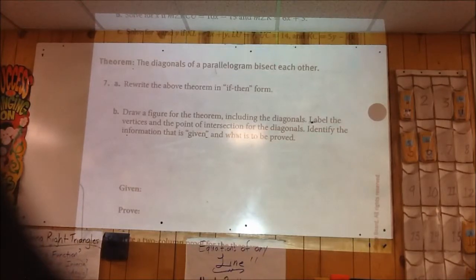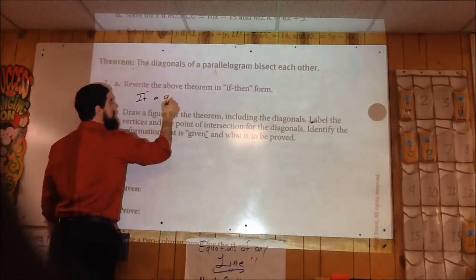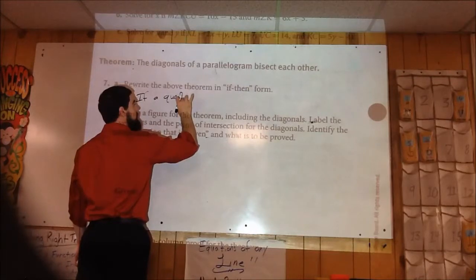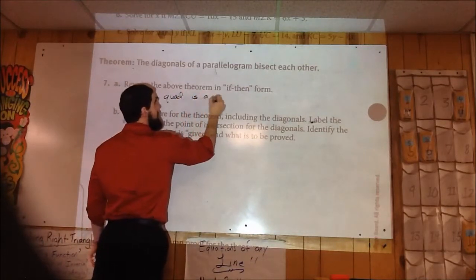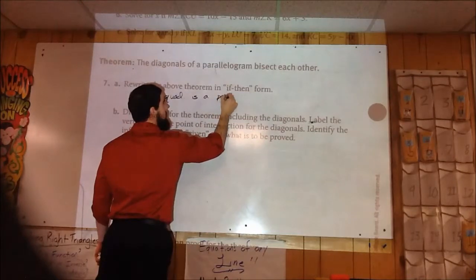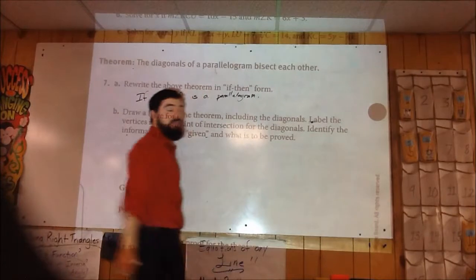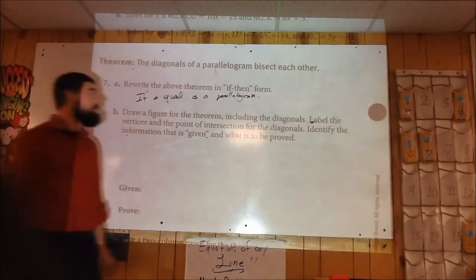I hope that we're comfortable with this, but I would write it as this: if a quadrilateral, just put quad, abbreviation. If a quad is a parallelogram, pretty much saying if you've got yourself a parallelogram, then the diagonals will bisect.